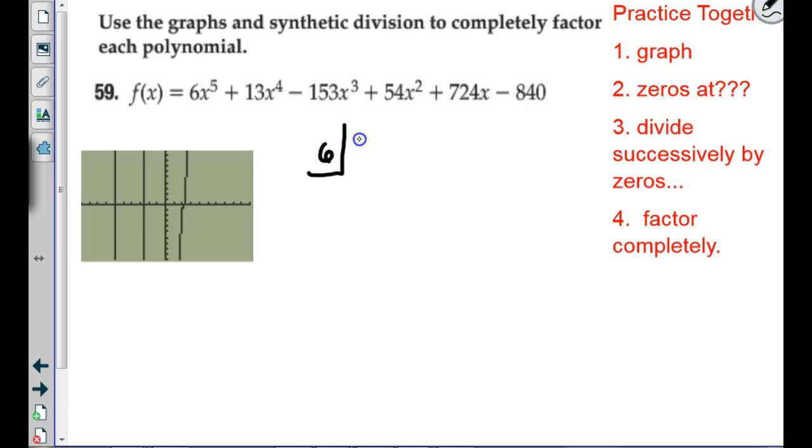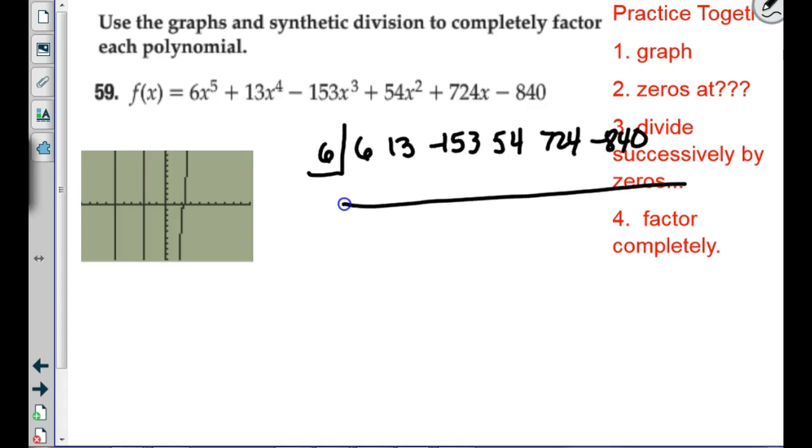So now we got to do synthetic division painfully. All right. So I need somebody with a calculator. 6 times 6 is 36. 13 plus 36 is 49, times 6.